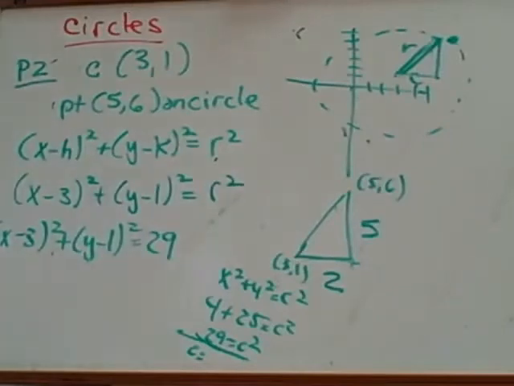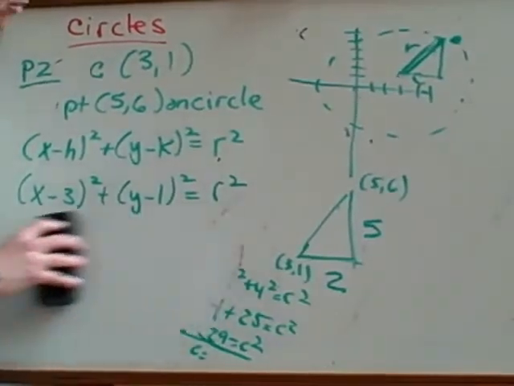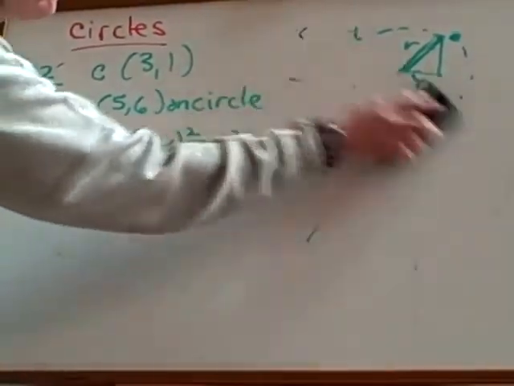Now I'm going to show you another way to do it besides that one. Okay? That's one way. So can I show you way 2? Yes. Okay. Now way 2 is probably more popular.